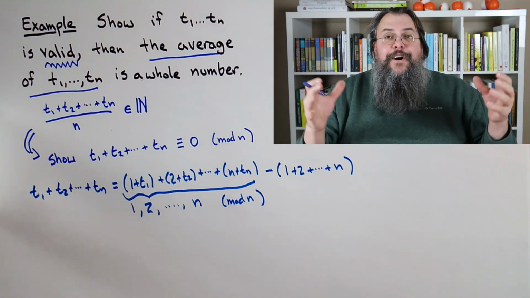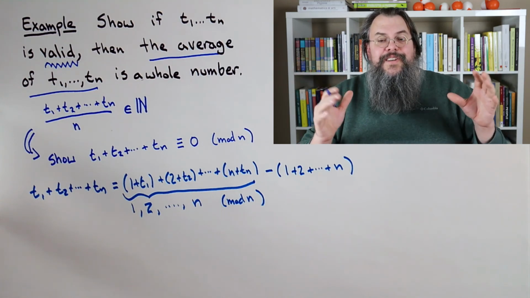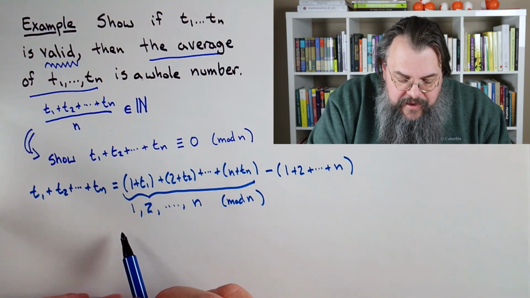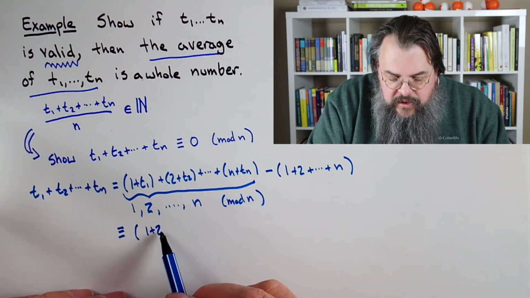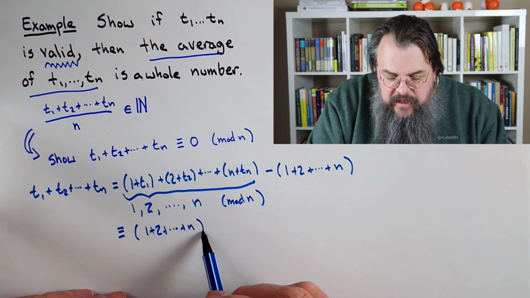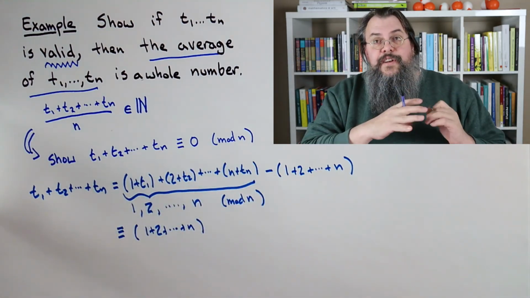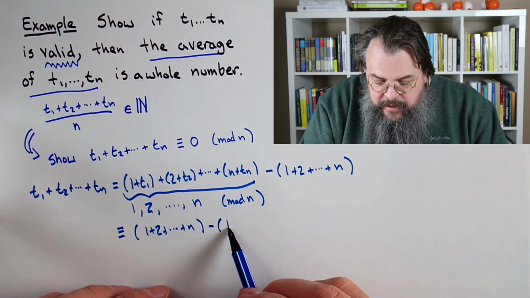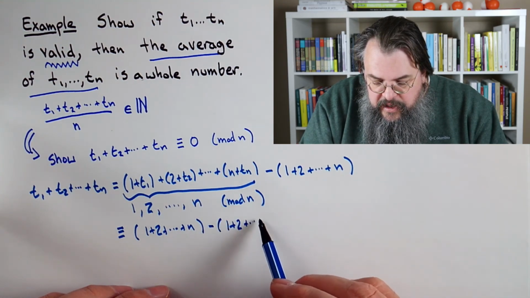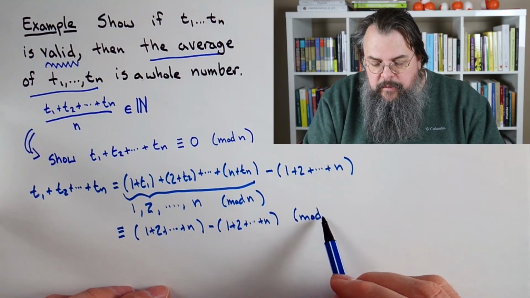Everybody's there. They're all represented. Nothing's missed. So this is going to be congruent to the numbers 1 plus 2 up to plus n. That's from these parts, modulo n, rearranged in some way. Then subtract off these parts that we've added here, 1 plus 2 up to n. And this is done mod n.